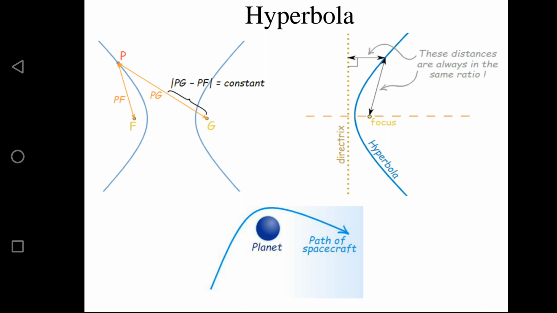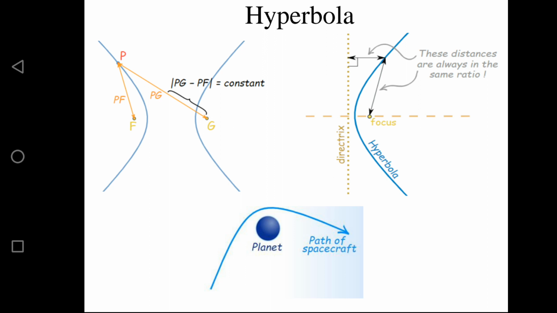You can also see, as I said, in a parabola the distance between these two is the same. Here we have some ratios. The perpendicular distance between any point P on the hyperbola and the directrix has some ratio with the distance between that point on the hyperbola and the focus.